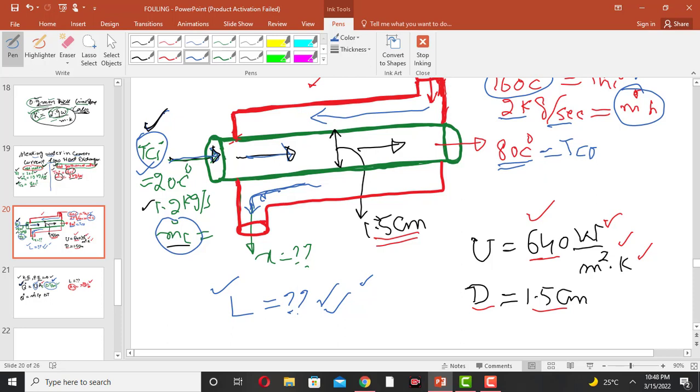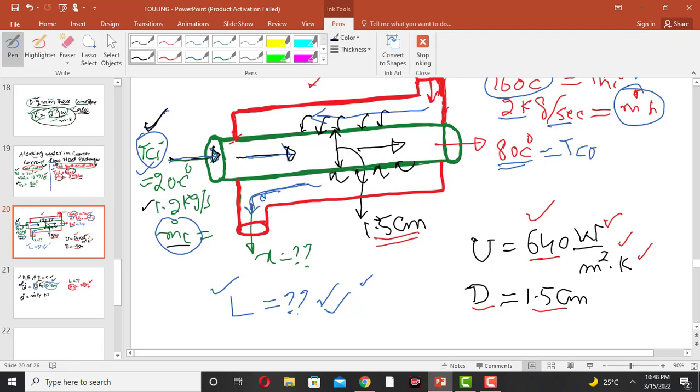So when the cold water is flowing inside the tube, this geothermal hot water will give its heat to the cold water.